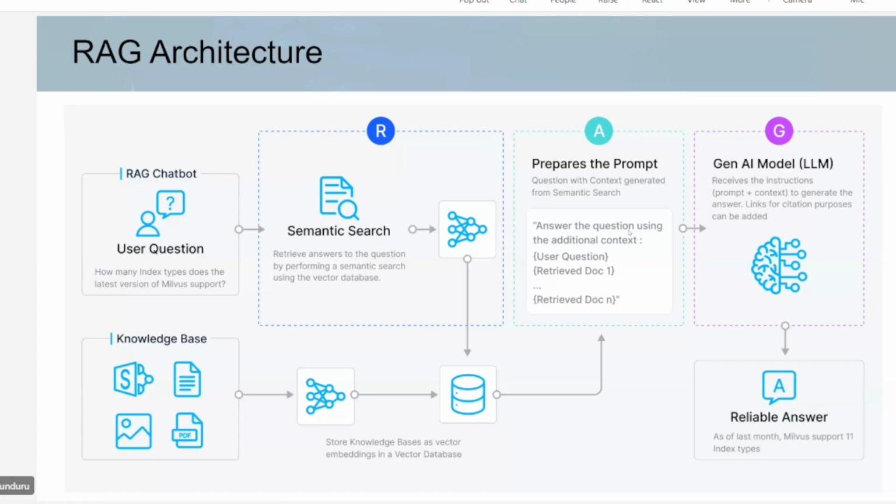Answer the question using the additional context, user question, and retrieved documents. It adds additional context to the prompt and sends it to the LLM. The LLM will be doing the inference and responding back with the answer.